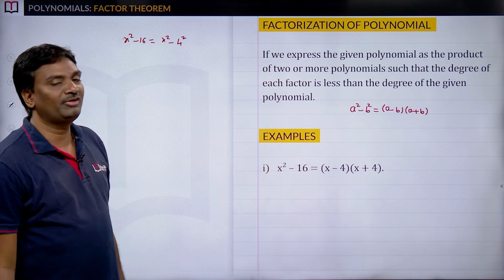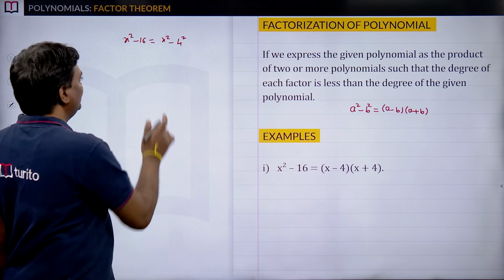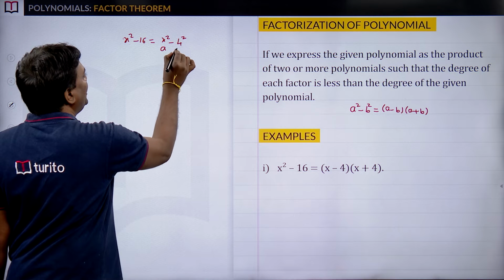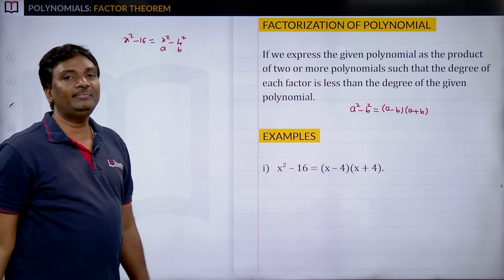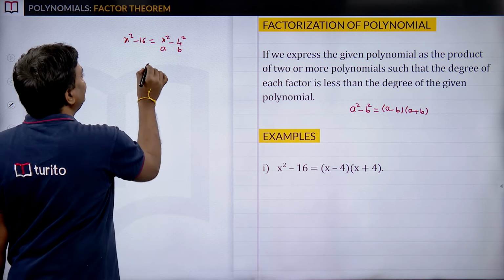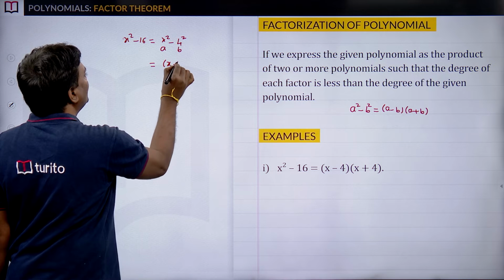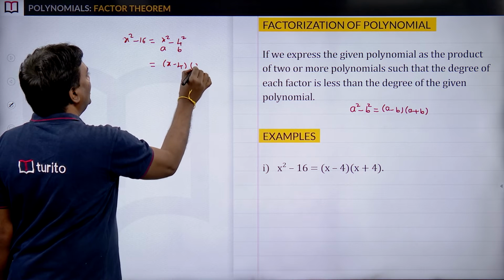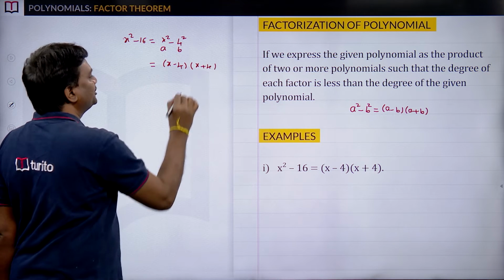Where in place of a we have x, and in place of b we have 4, so the formula gives x minus 4 into x plus 4.